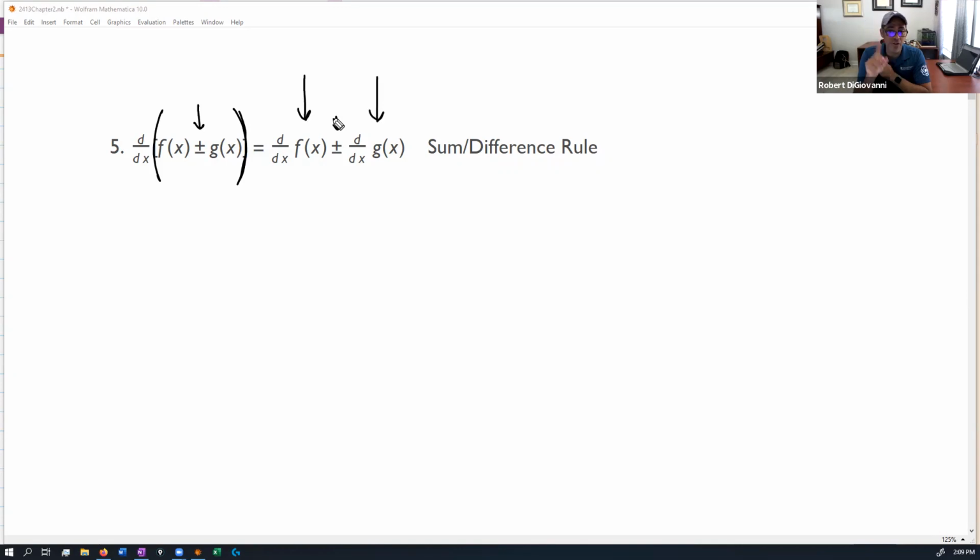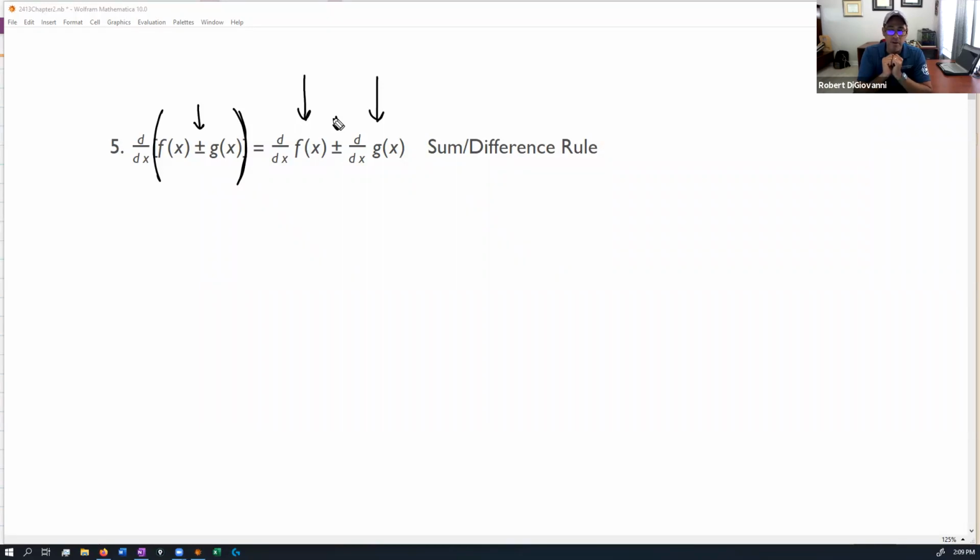If you have addition or subtraction between two terms, you may take the derivative of each term separately. You can't do that for a quotient, right? For the quotient, you cannot do the top and bottom separately. That's a big no-no. But if it's plus or minus between two things, you can.